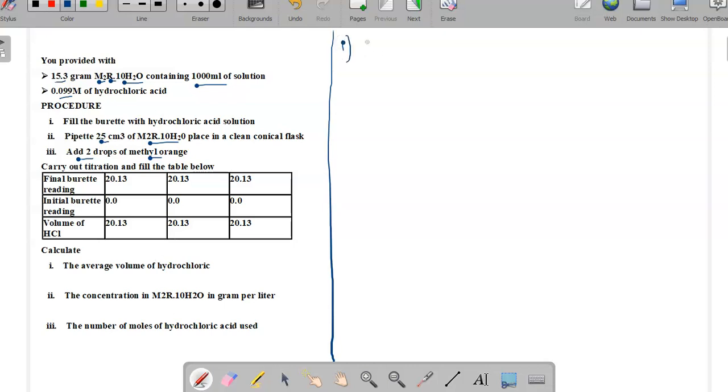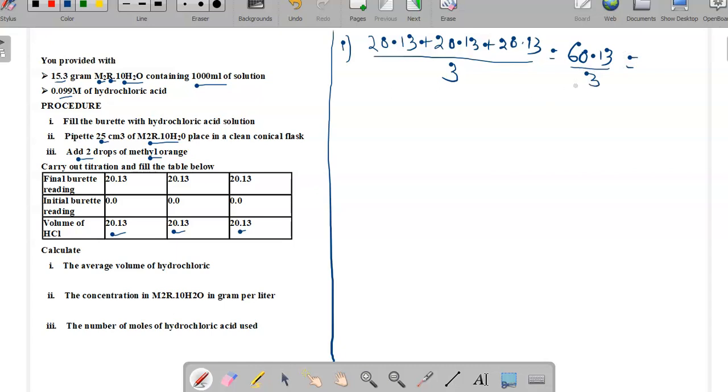The average volume can be obtained by taking these values, which are the volume of HCl used: 20.13 plus 20.13 plus 20.13, then we divide by 3. 60.13 divided by 3, then we get 20.13 centimeter cubed. This is the volume of HCl used.